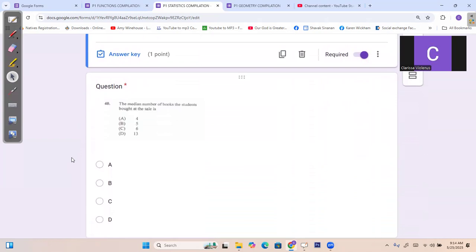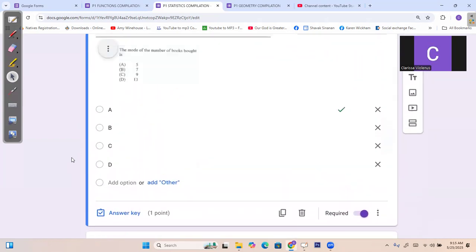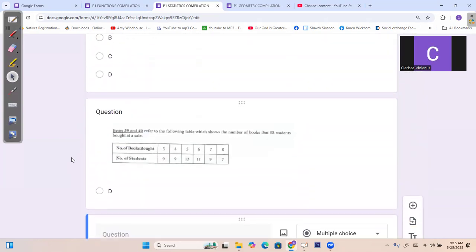The median number of books the students bought is, okay, so check this out. It says it's 58 students.